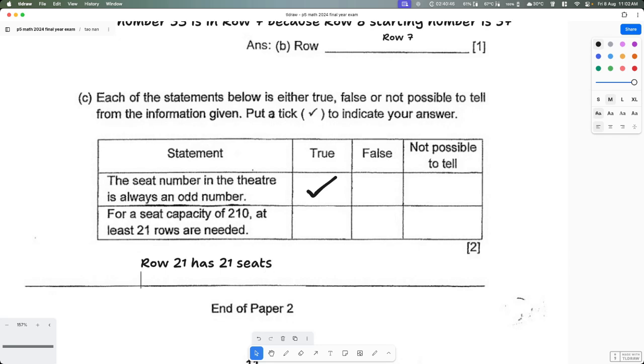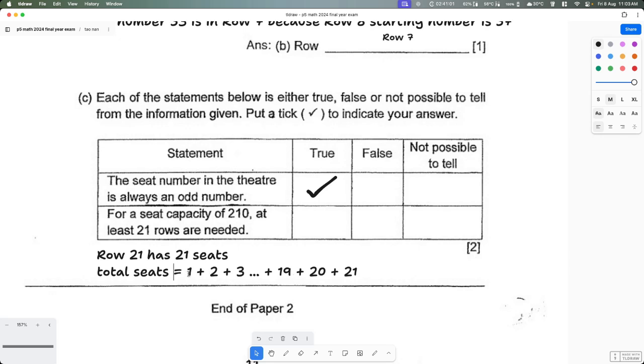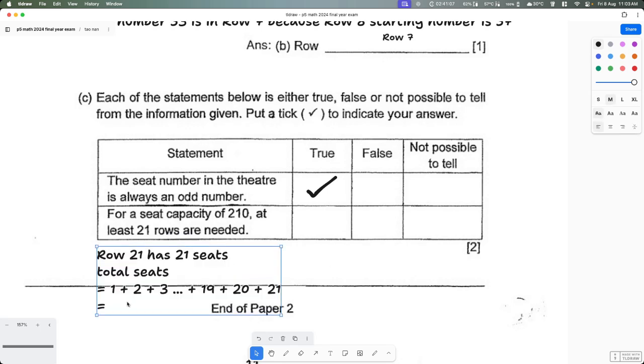So that means total seats is equal to 1 plus 2 plus 3 dot dot dot plus 19 plus 20 plus 21. Okay, so in this case, total seats. Since this is odd, we have 21 times bracket 20 divided by 2 and then plus 1.